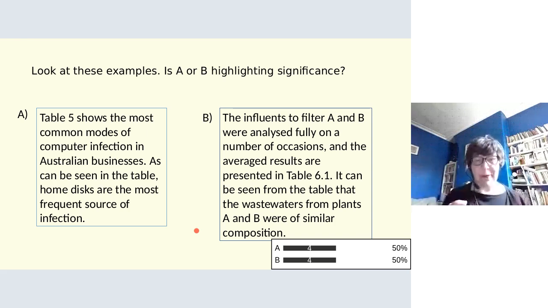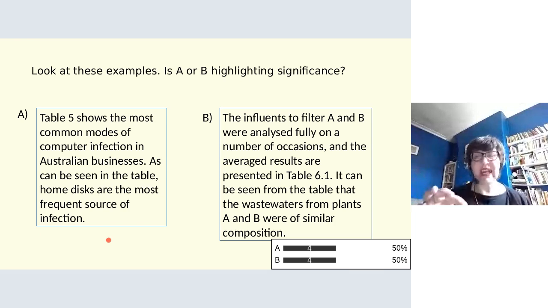But what A does slightly differently is it starts to move beyond saying this just shows that they were similar, because it says, as can be seen in the table, home discs are the most frequent source of infection. So it's highlighting a trend, a significance.